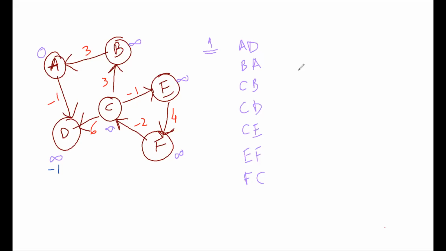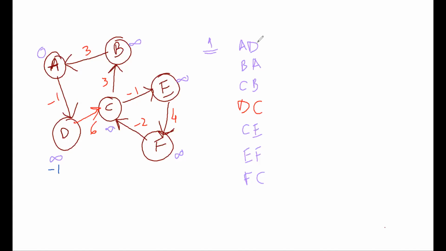Let's change this to D to C. Just making this change. So this is D to C, because there has to be an outgoing edge from the source. Otherwise, there's no path. We were going from A to D, and that's it. There was no path to any other vertex. So we have just made that path now.